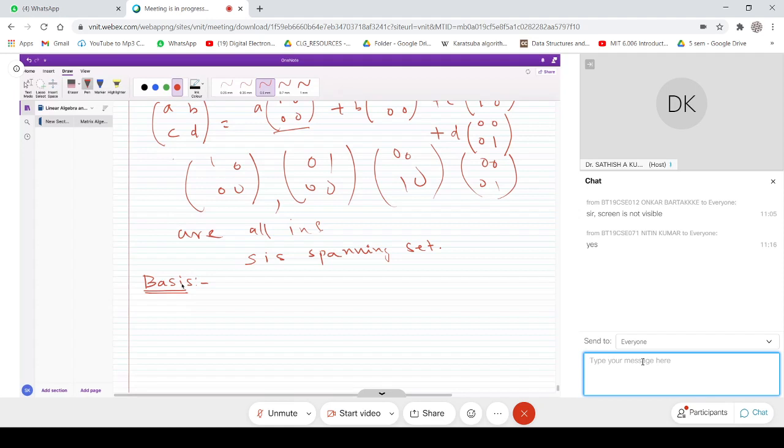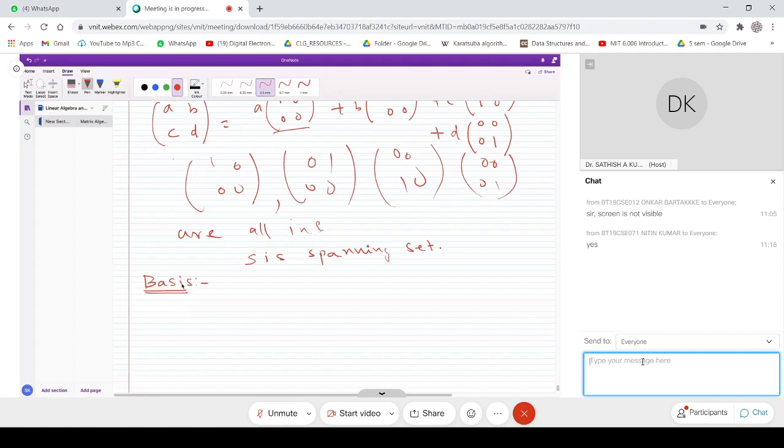Basis, once again, should satisfy two conditions or two properties. First of all, whatever subset you are going to call a basis must be linearly independent, and then that subset should be a spanning set. Keep this in mind.